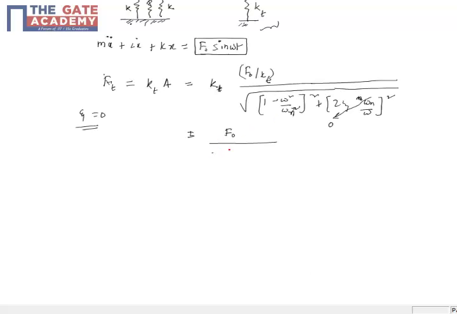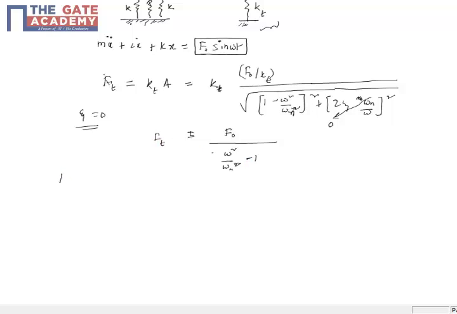Because of the square root, we take omega square by omega n square minus 1 to be positive. It can be 1 minus also, but we generally have omega greater than omega n, so you can try that case too, but here we will restrict our discussion to omega square by omega n square minus 1. And here you have Ft.